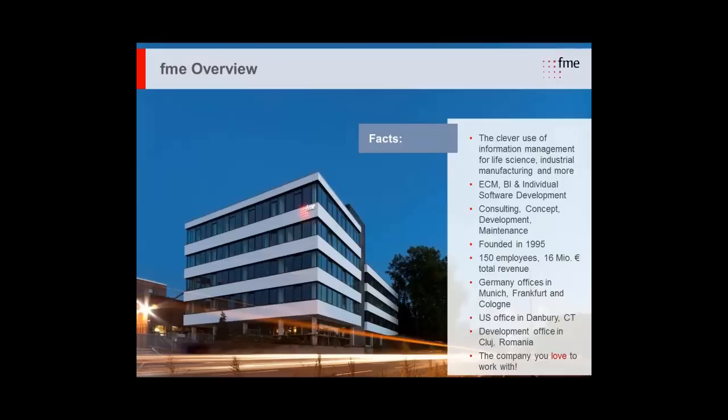We have an EMC certified product called Migration Center, which you may be aware of from previous webinars. We focus in business intelligence, where we partner with Qlik, formerly QlikTech, so we do QlikView solutions and services as well, and then individual software development. We were founded in 1995. We have 150 plus employees worldwide. So with that short overview, I'm going to turn it over to Manuela to get started on our D2 overview.